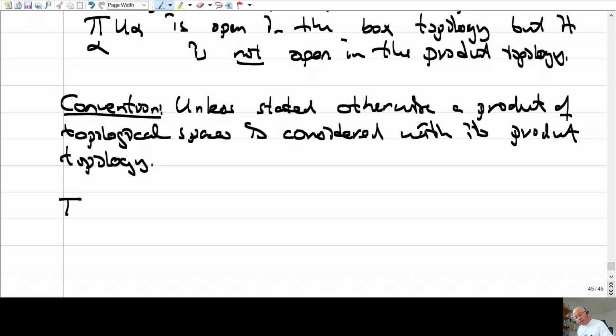We have some results which combine the product topology with the other notions we have seen so far, such as subspaces, being Hausdorff, and so on. One of them is the following.